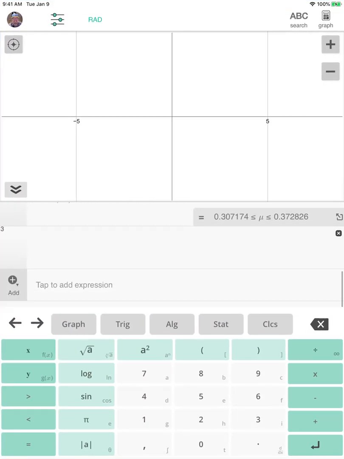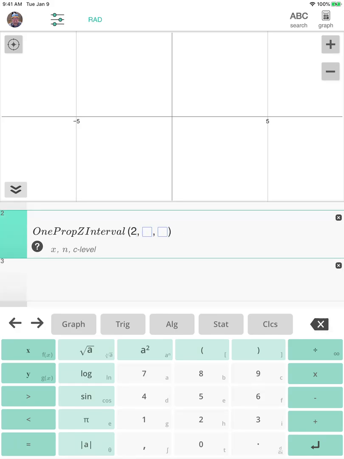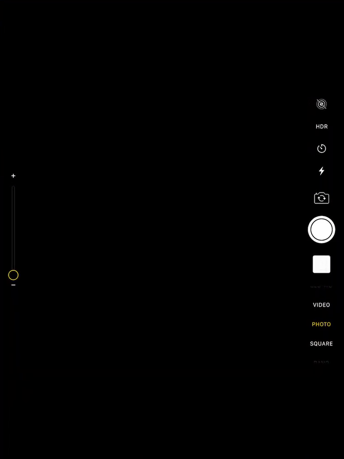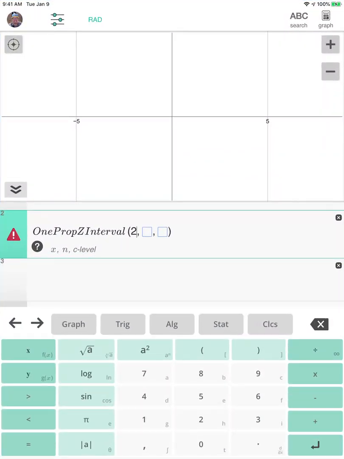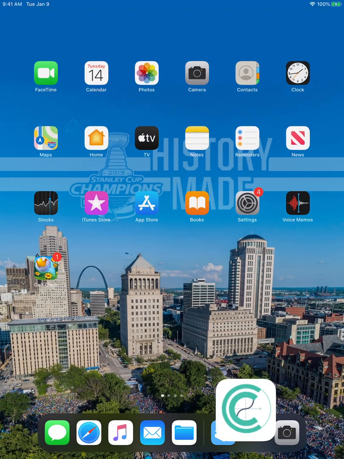And when we do that, 122 out of 500 at 0.95, we get 0.206 to 0.281.